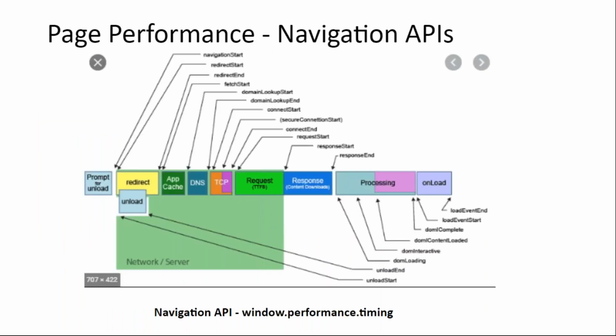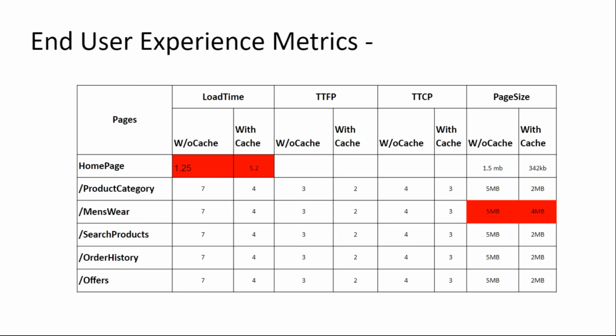So we will get a table as an output. I have page 1, page 2, page 3, page 4, page 5, and then I have these metrics: load time, time to first paint, time to first contentful paint, page size. I will capture all of these.